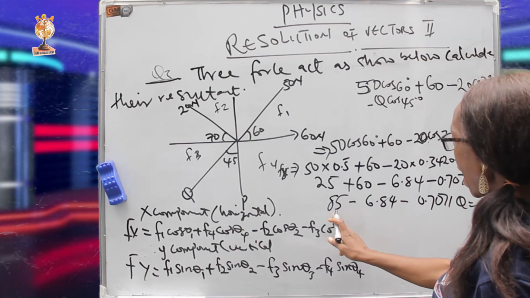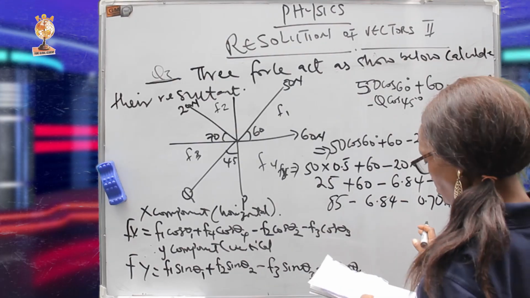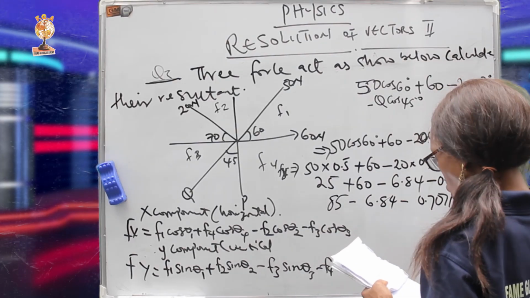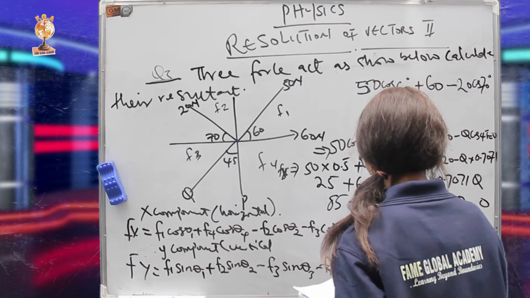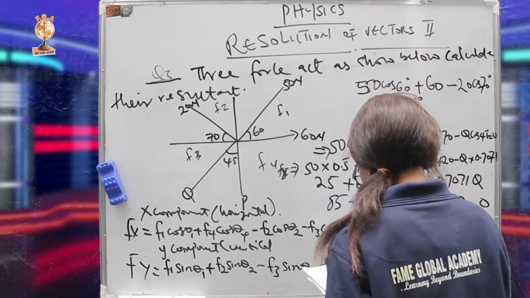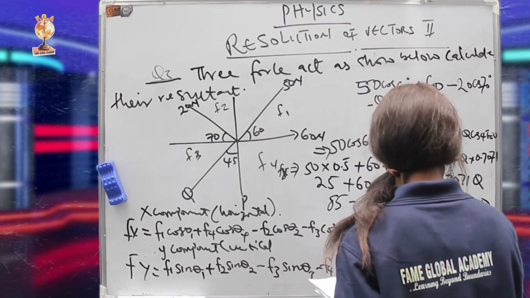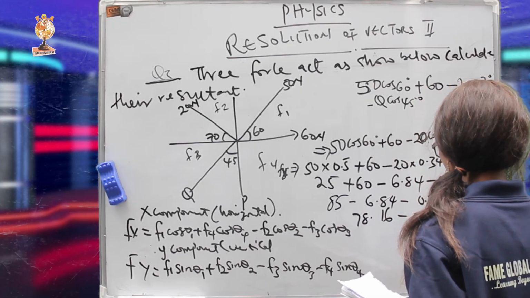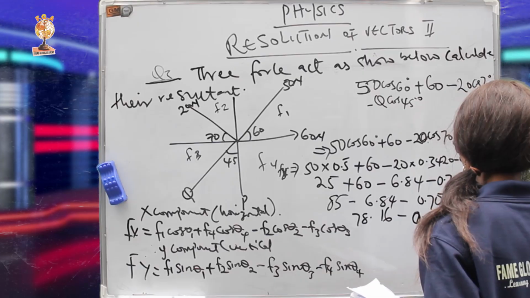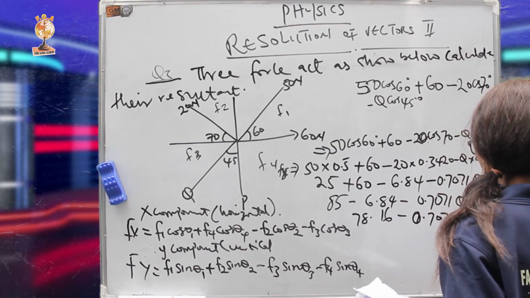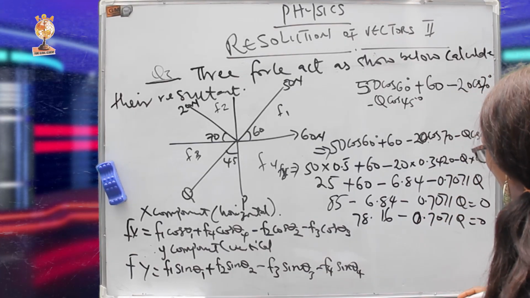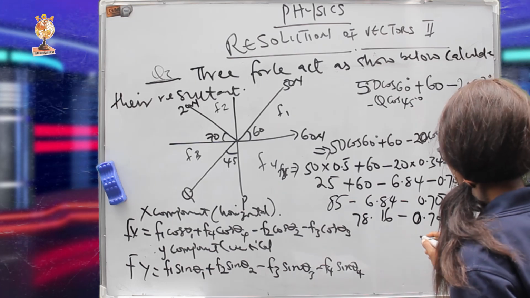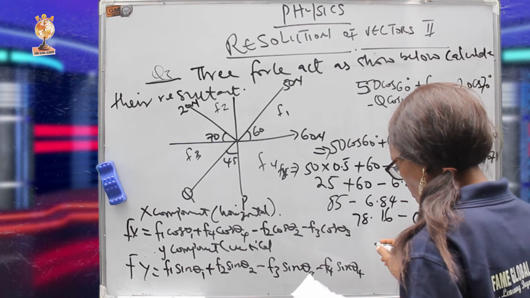Now 85 minus 6.84 will give you 78.16, minus 0.7071 q, all equal to 0.